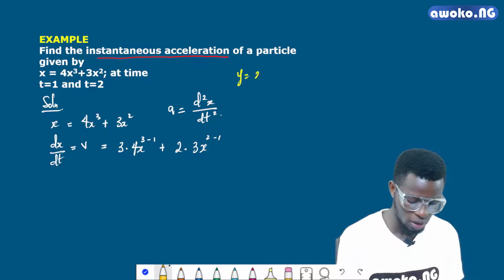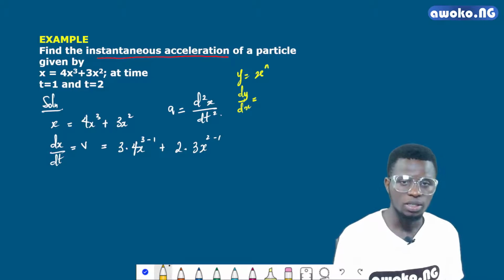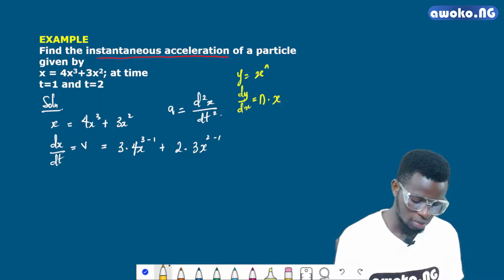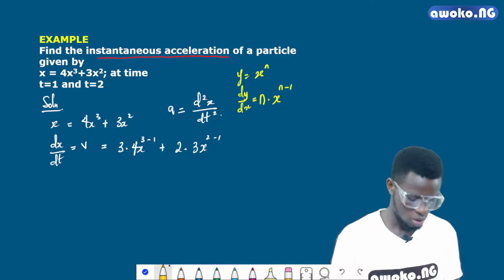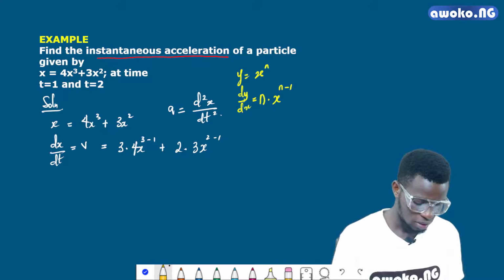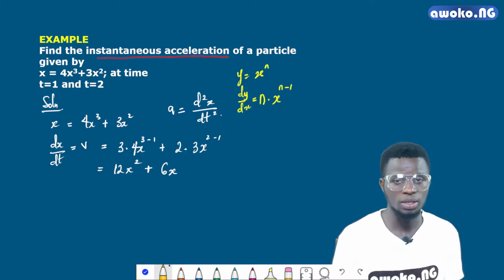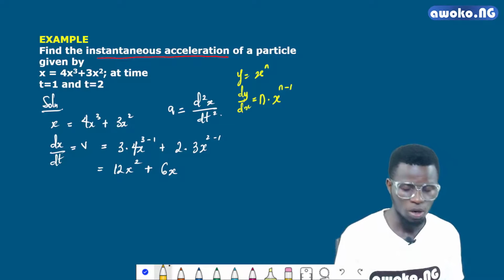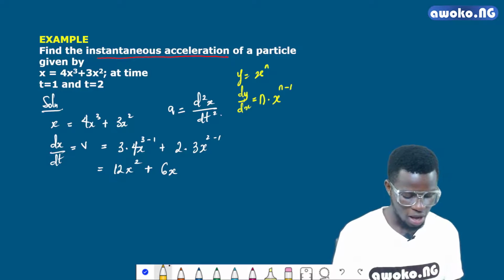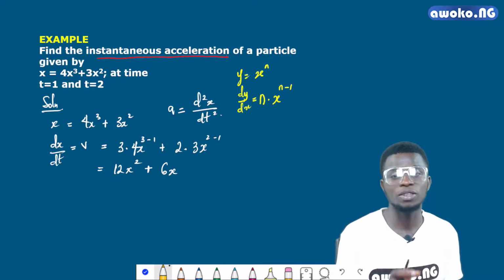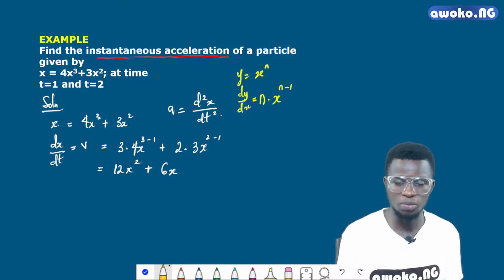We said if y equals x raised to the power n, then dy/dx is equal to n times x, then you reduce the power n by 1. And that is what we have just done over here. So this is 12t squared plus 6t, since 2 minus 1 is equal to 1, and t raised to the power 1 is still t. That's why we have 12t squared plus 6t as our velocity, or the first derivative of the displacement equation.